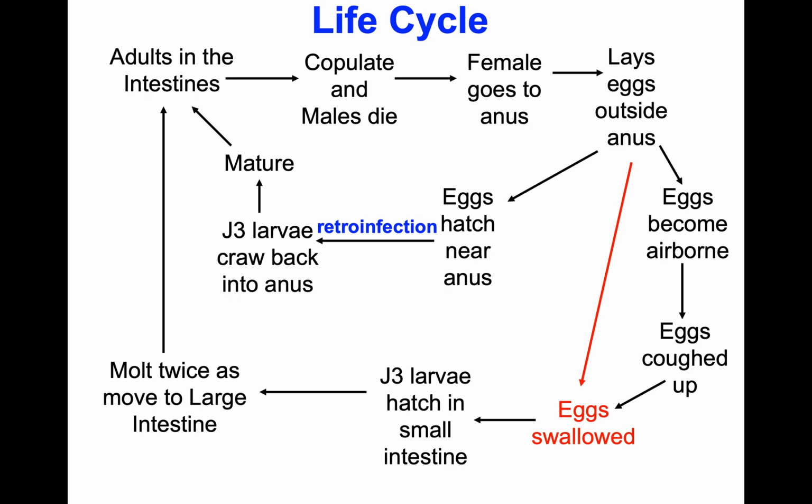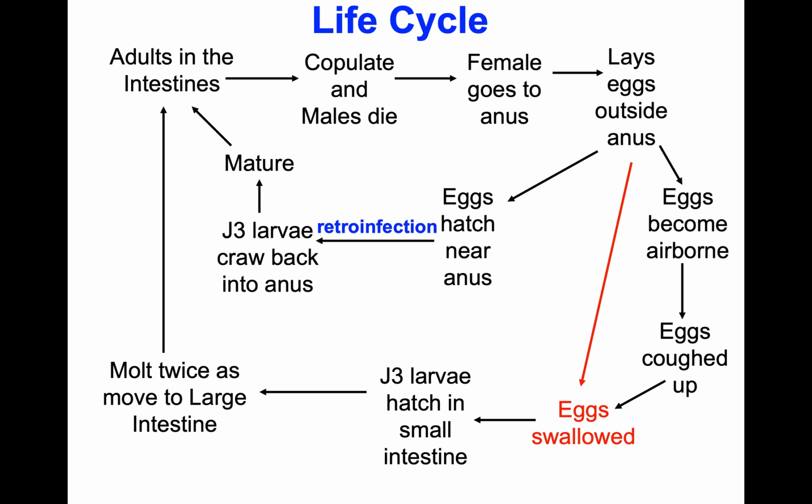We can start from adults in the intestine, and they copulate, and the males die. And only after the males die, the organs get developed, and the female goes to the anus and lays eggs outside the anus.